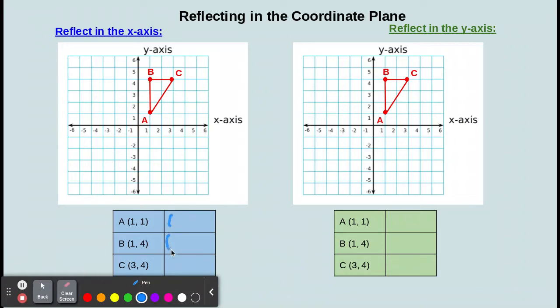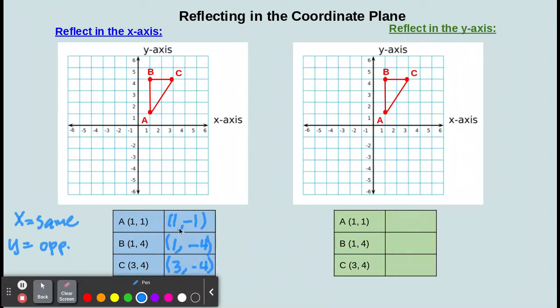So we can already pre-fill this out because we know our x values should stay the same, 1, 1, and 3, but our y values become the opposite. X is the same, y is opposite. So opposite of 1 is -1, opposite of 4 is -4, and opposite of 4 is also -4.